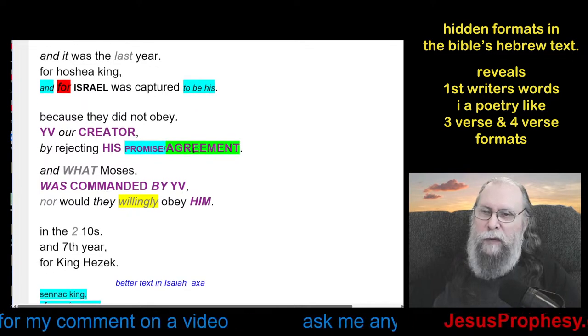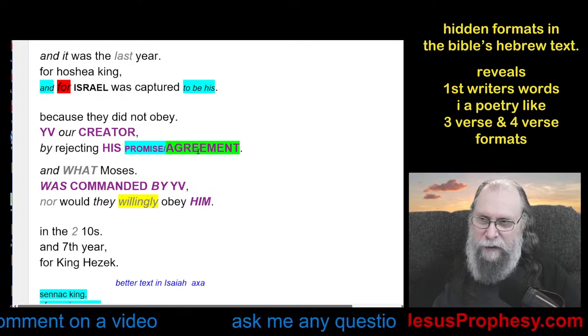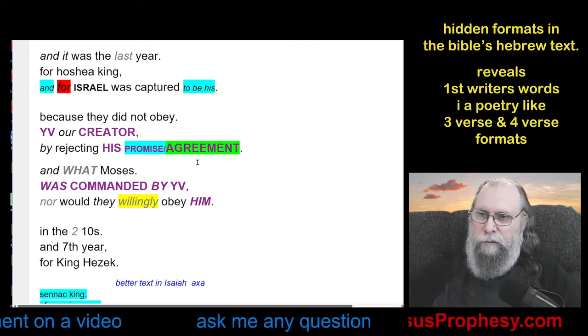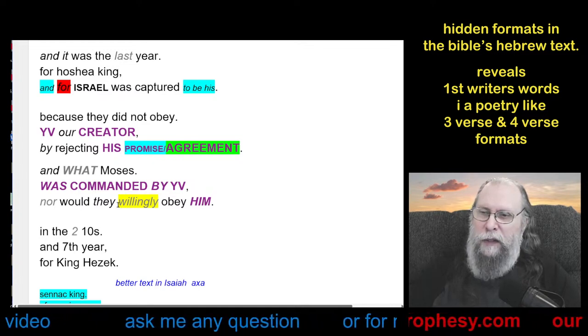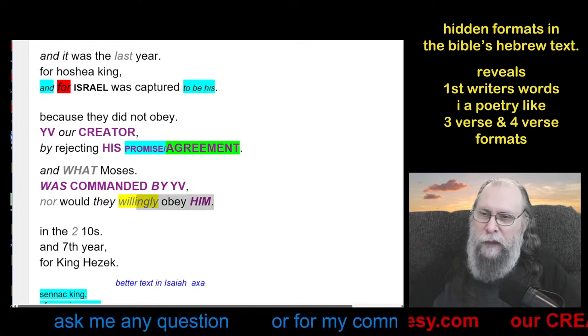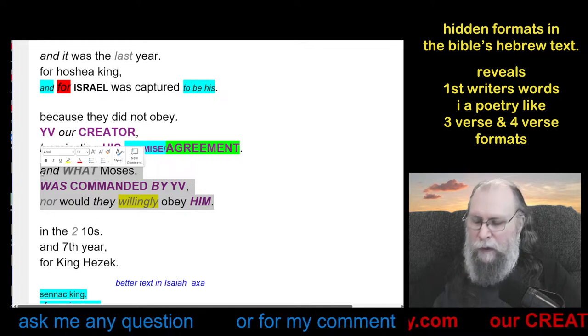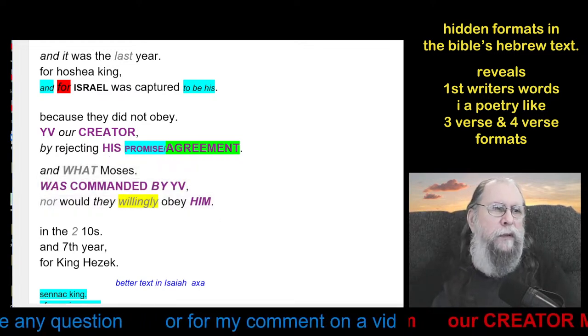Promise to agreement. Yeah, it was his agreement. The 12 commandments are the agreement for them to stay on the land. When I read this, I was using the word nor as a major word, but when I'm reading this, it had to be more correct by what's being said.